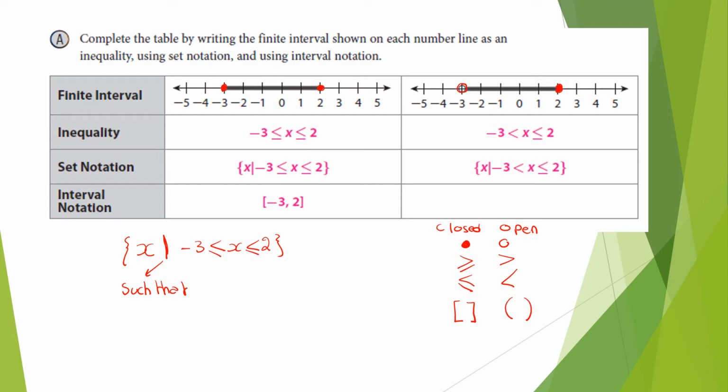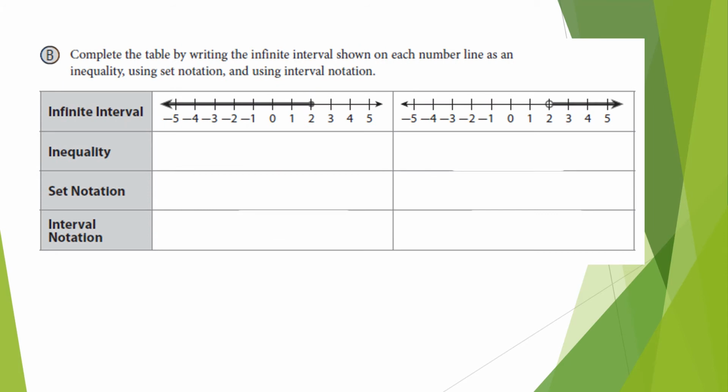When I write the interval, I write -3 and 2, but here the -3 will be open, so it's going to be a normal bracket.